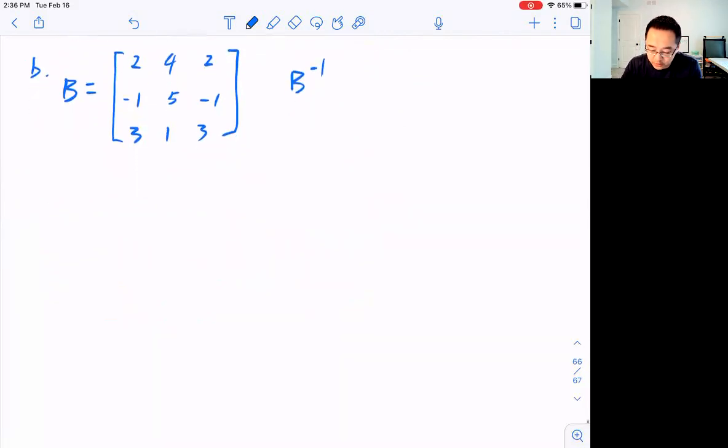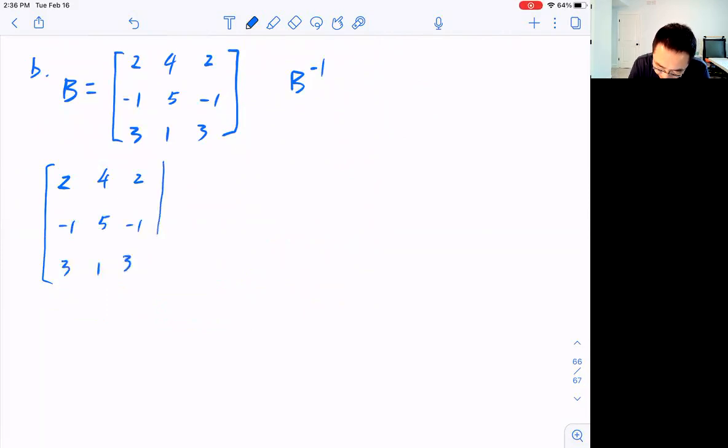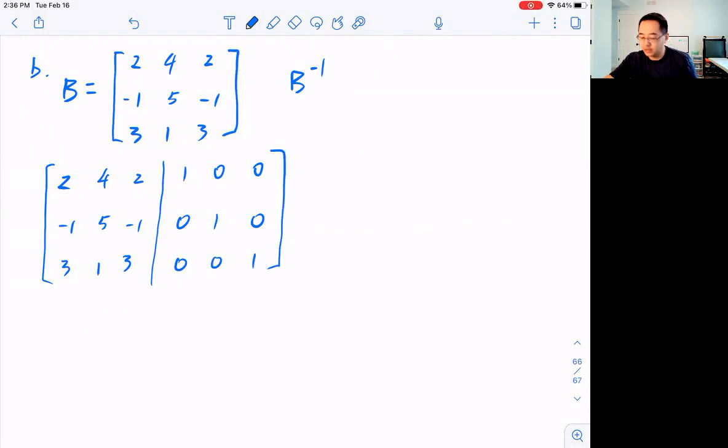There's no trick, unfortunately. You have to use the augmented matrix approach that we were doing. So you'll put 2, 4, 2, -1, 5, -1, 3, 1, 3 on this side, and then 1, 0, 0, 0, 1, 0, 0, 0, 1, the 3 by 3 identity matrix.